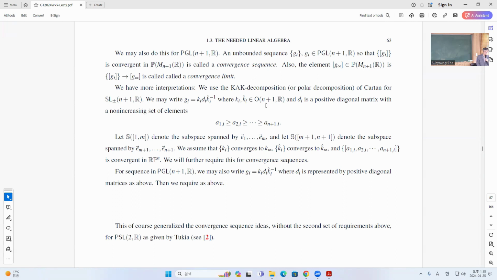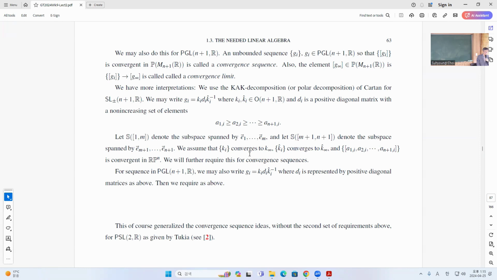If you don't know the Cartan decomposition, you should look at the book by Helgason. So any element can be written like this, where the D_i is a positive diagonal like this, and S_1^m is the subspace denoted by this, spanned by these.